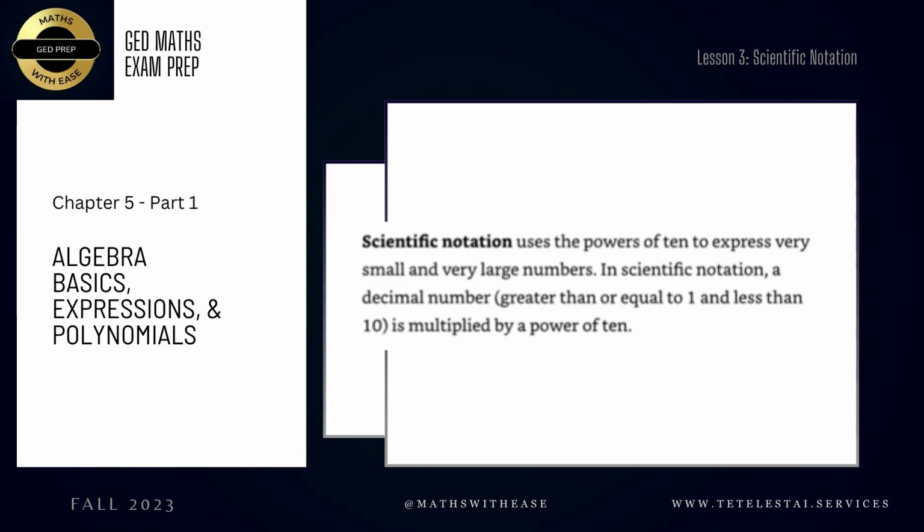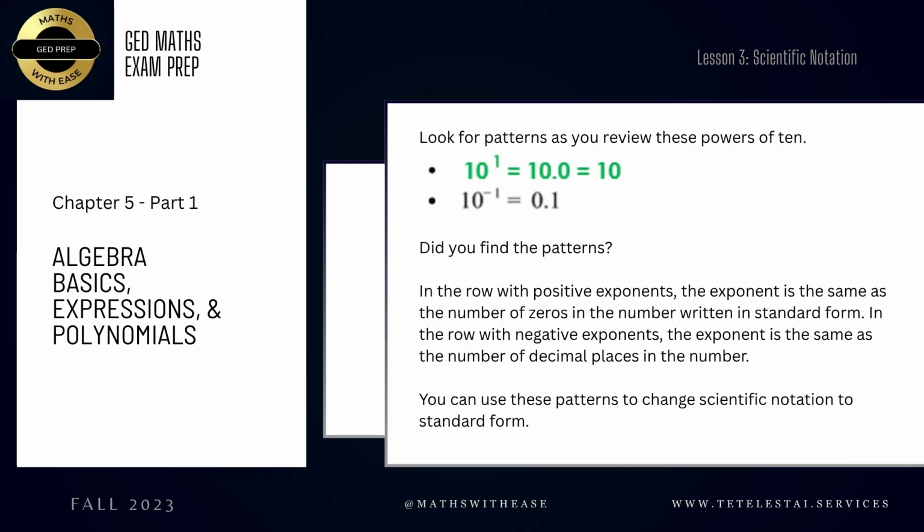Scientific notation uses powers of 10 to express very small and very large numbers. In scientific notation, a decimal number greater than or equal to 1 and less than 10 is multiplied by a power of 10. And we'll see examples coming up. I added this in green because I thought it might make this a little bit easier to understand.